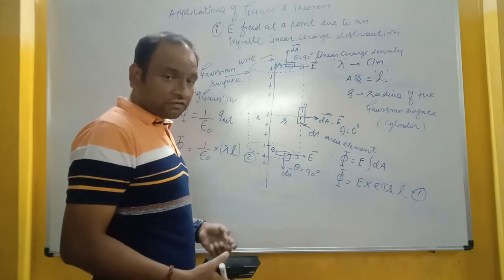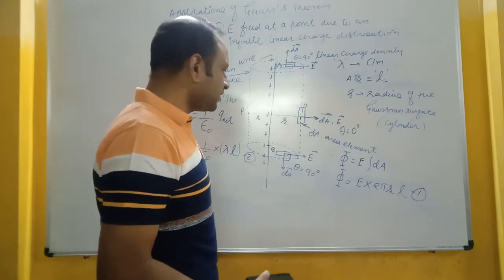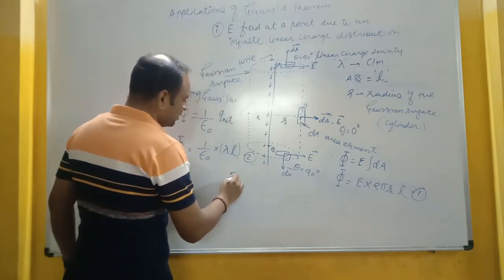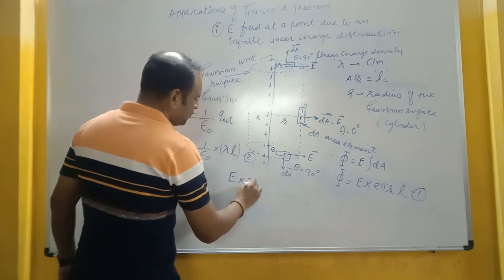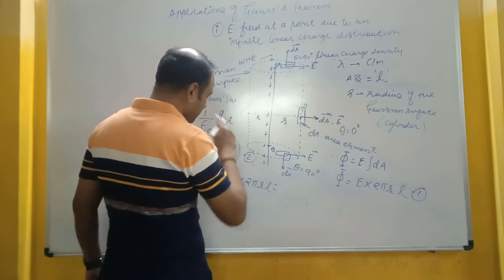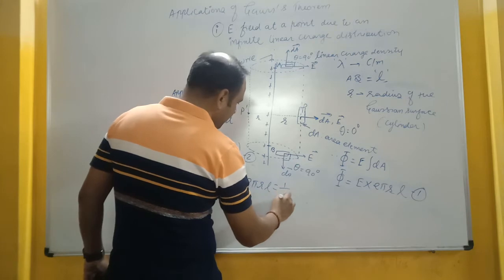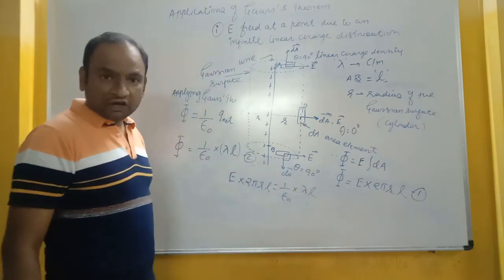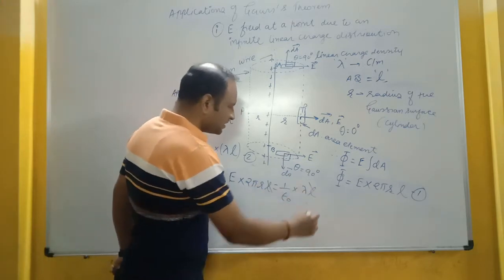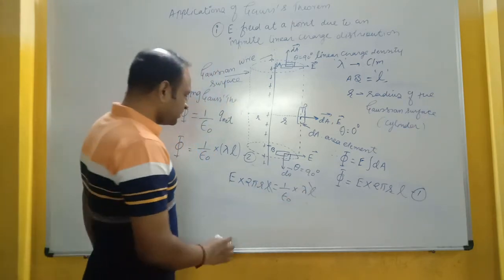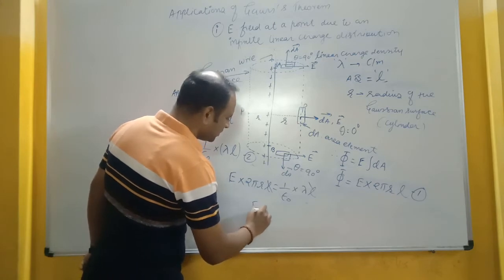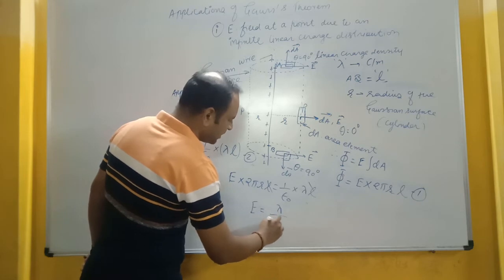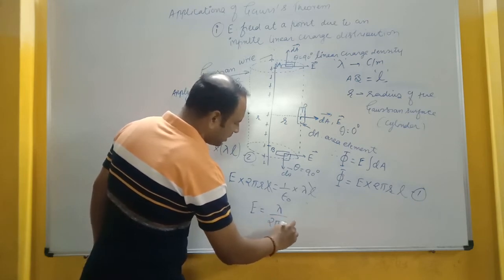So if I equate the right hand sides of equations 1 and 2, what I have is E multiplied by 2 pi RL equals 1 by epsilon 0 multiplied by lambda L. Okay, so this L would be cancelled by this L. What I'm left with is the expression for the electric field intensity, and that would be equal to lambda divided by 2 pi R epsilon 0.